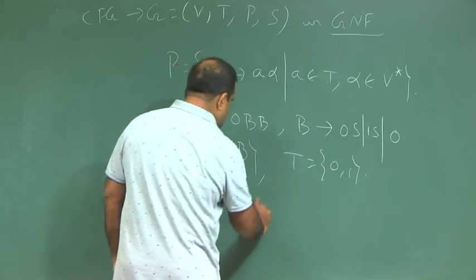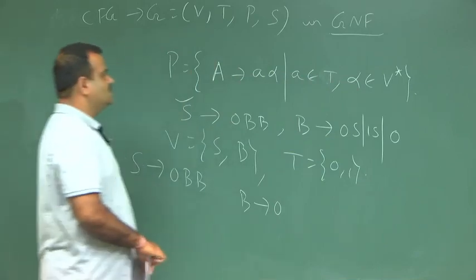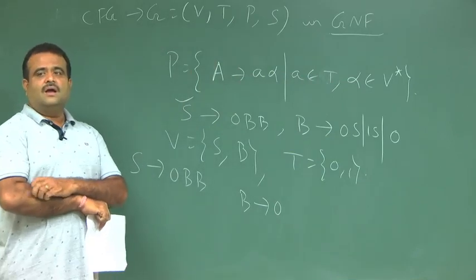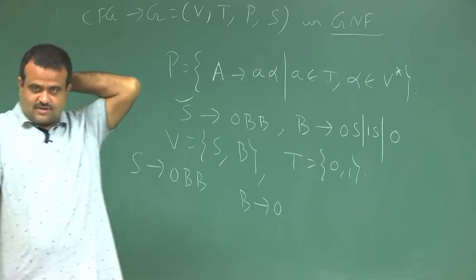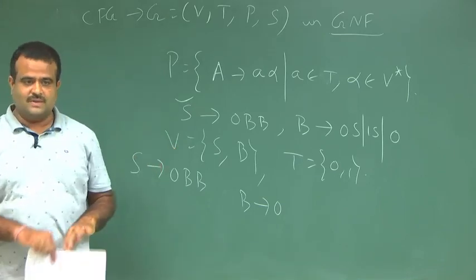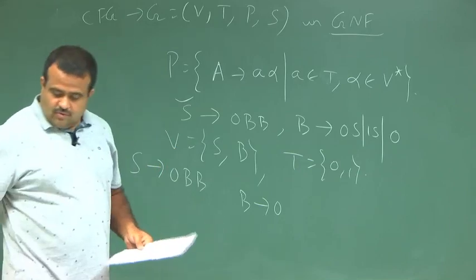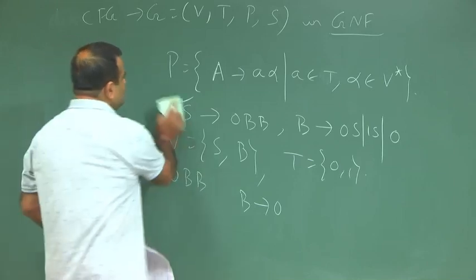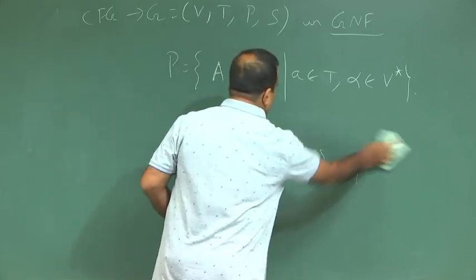Even B goes to 0, because alpha could be epsilon, the null string, a string of length 0. All these are in Greibach normal form.